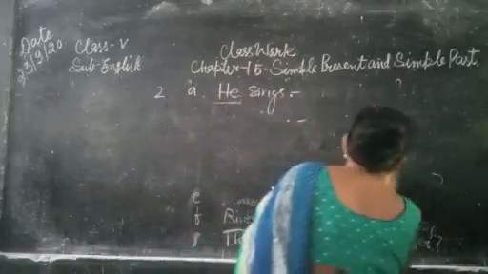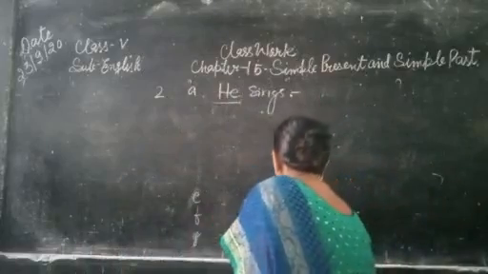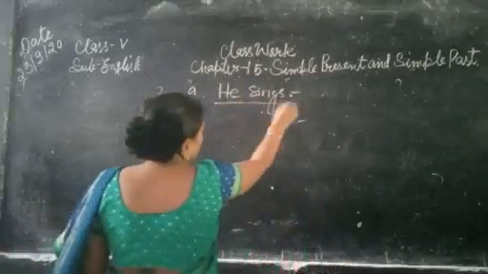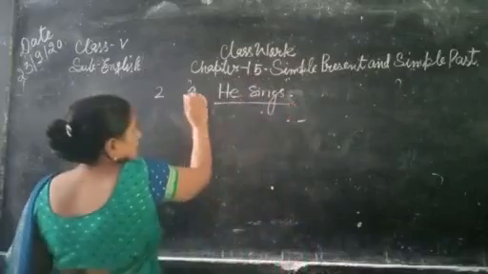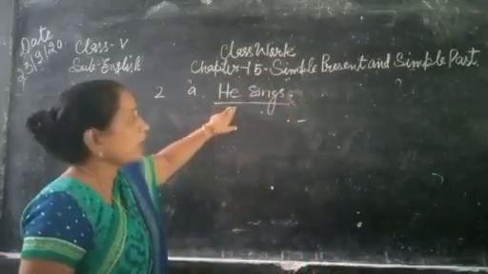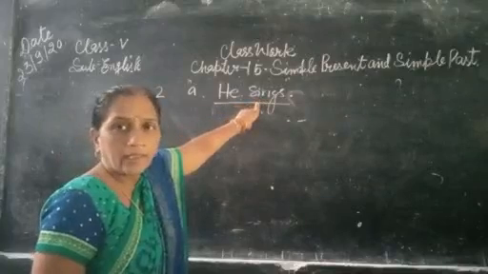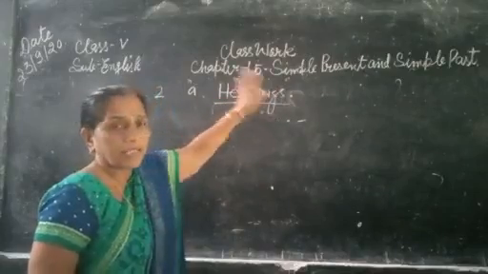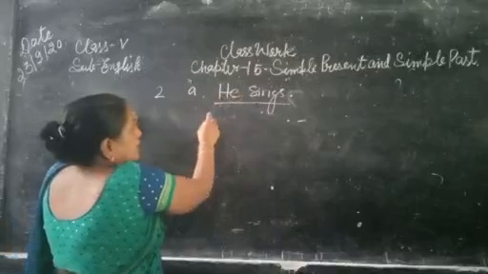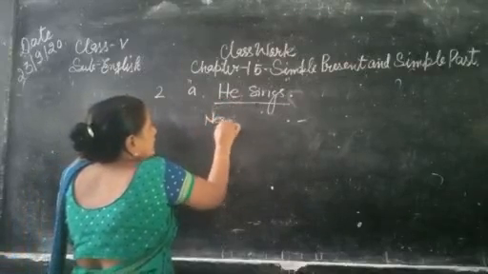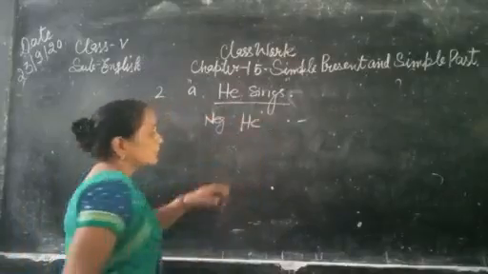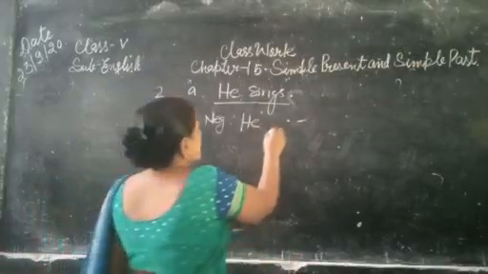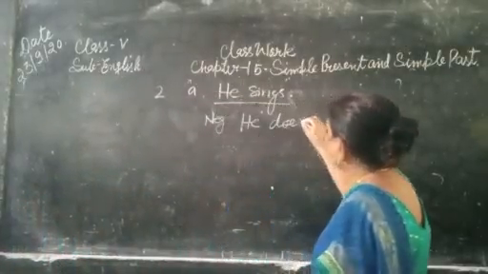He sings. This one is sentence. This is an affirmative sentence. It is singular noun and the verb will carry S or ES in it. So sing carries S in it. He sings. Negative will be he, then the helping verb does not will be written. Does, because it is a singular noun.